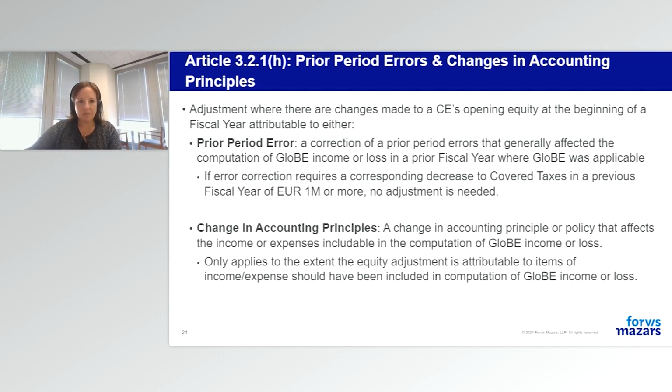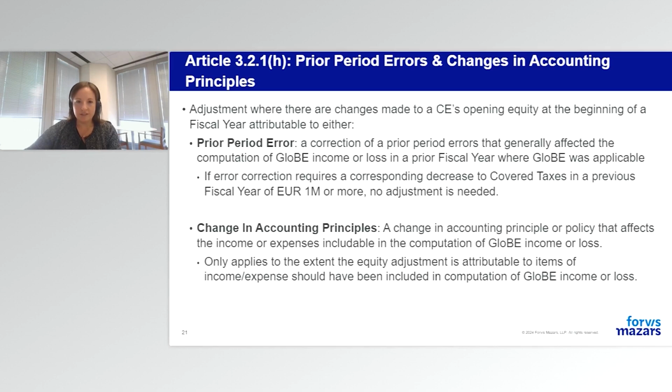So next we will continue on with another one of the listed adjustments within Article 3. Prior period errors and changes in accounting principle are provided for in 3.2.1H. An adjustment is made to the extent there are any changes needed to a constituent entity's opening equity due to either a prior period error or a change in accounting principle.